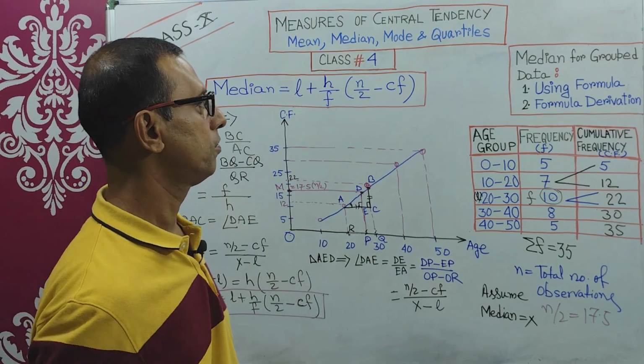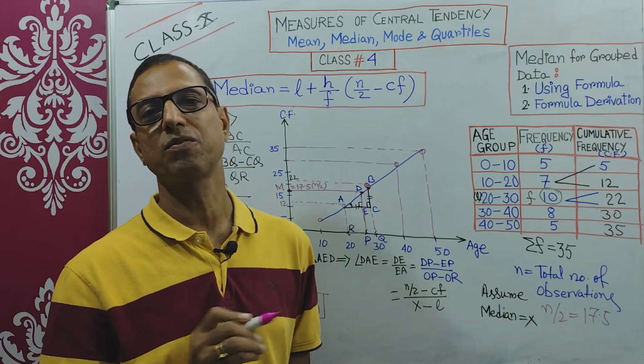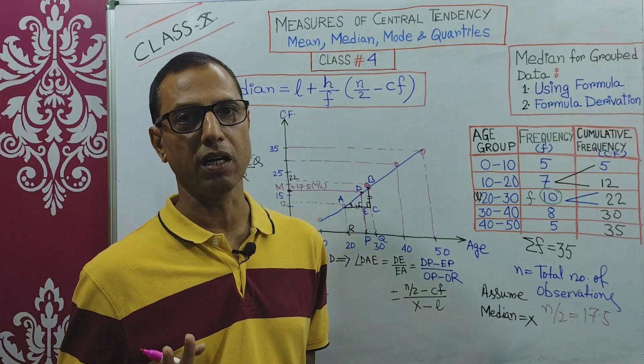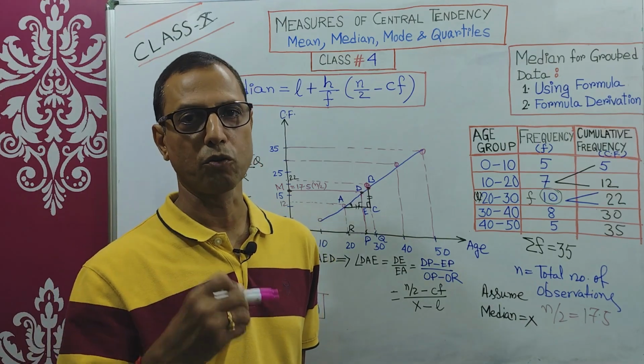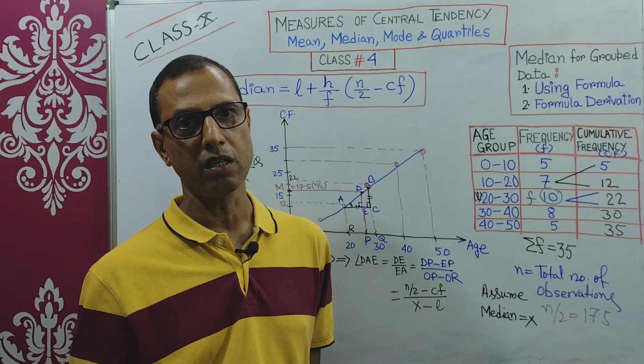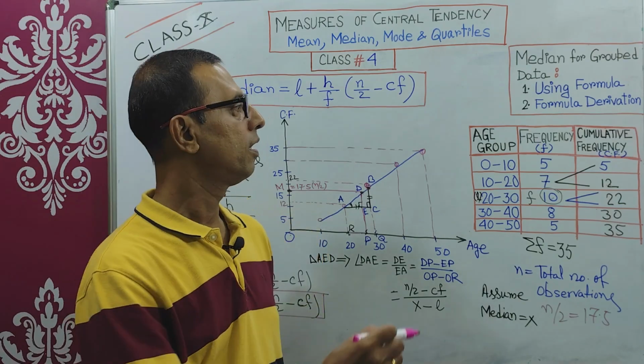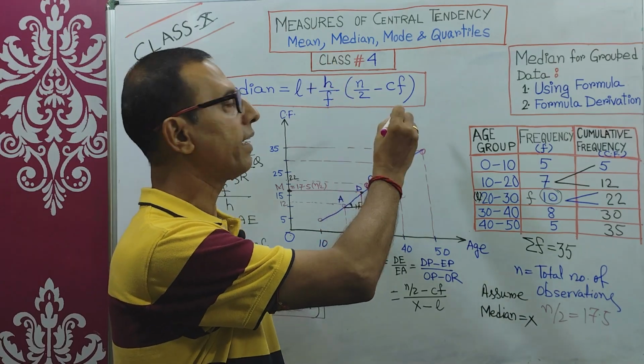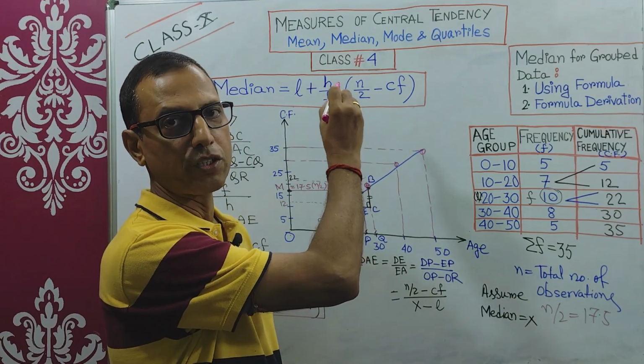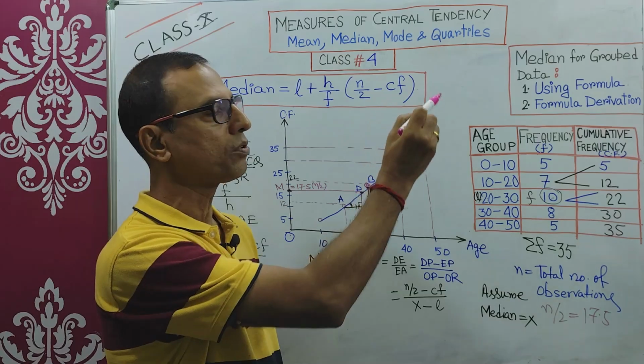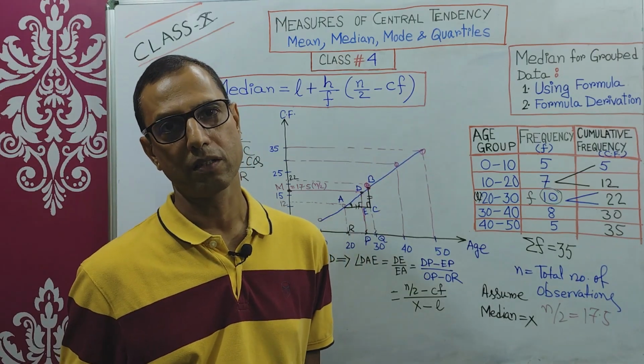Got it? So I hope now it is very much clear how to determine median for grouped data or ungrouped data, that is for continuous data or discontinuous data, and how to derive the formula which you are utilizing to find out the median for grouped data.